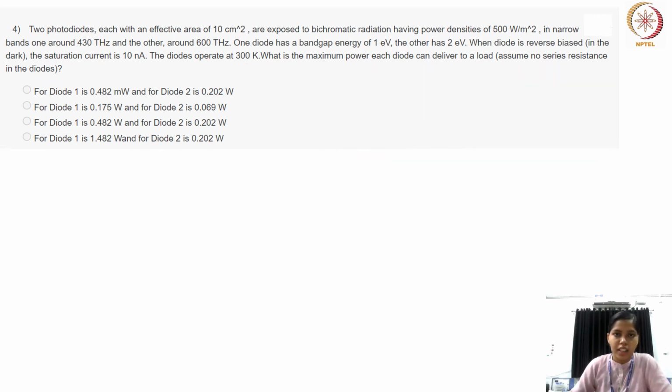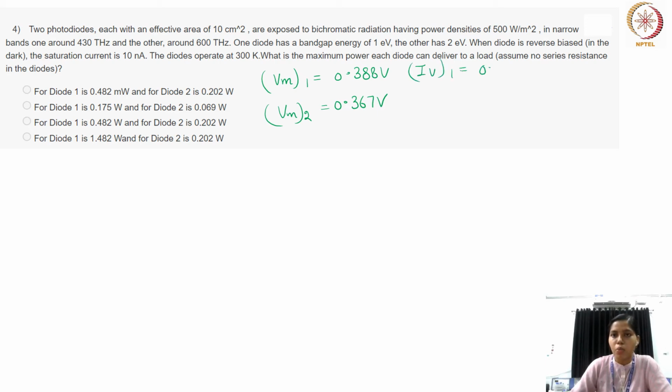So we have our Vm1 for the first photodiode, it is 0.388 volt, and for the second photodiode it is 0.367 volt. We also have the short circuit photocurrent for the first diode, that is 0.482 ampere, and for the second photodiode it is 0.202 ampere.